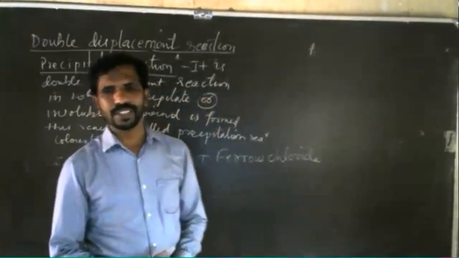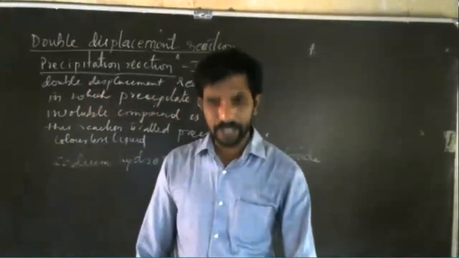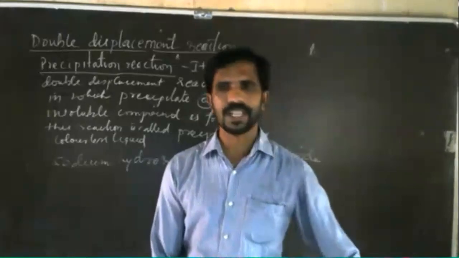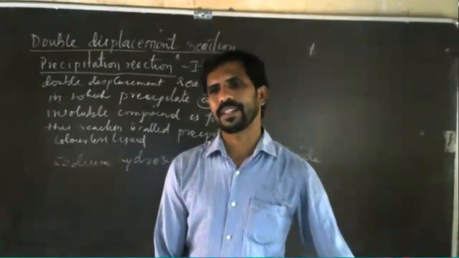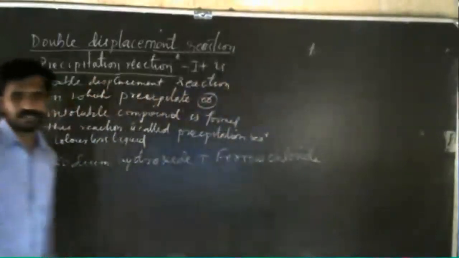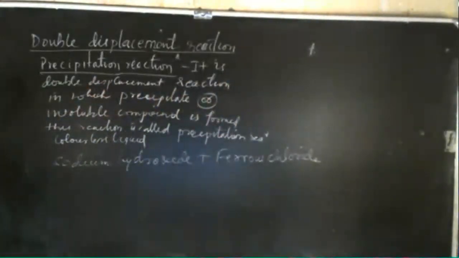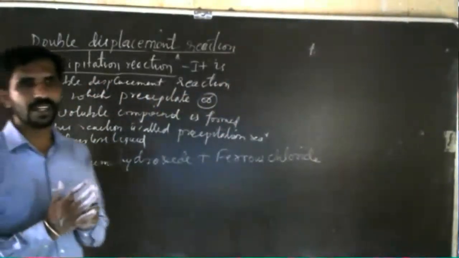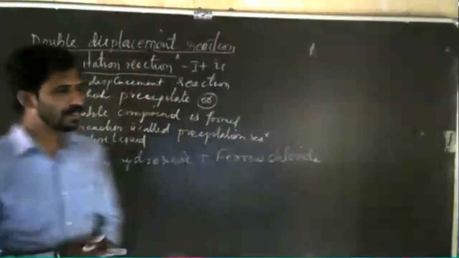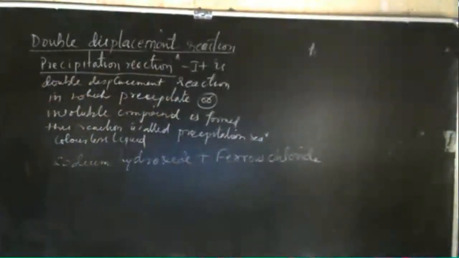I told you, every reaction you have to see. You cannot write it without seeing the reaction. You have to perform the reaction and see it. Understood? All these reactions have to be done. I'll show you that reaction when you come to the school laboratory.